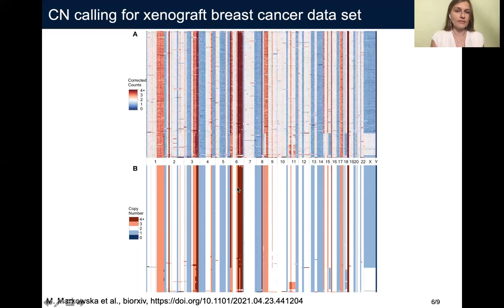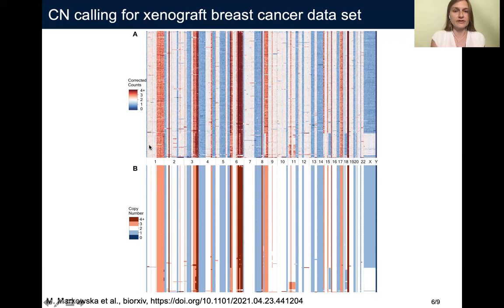Here, you can see the illustration of our copy number calling procedure for the same data set. In the upper part, you can see the per bin data, so the corrected counts illustrated with different colors. And here the results. You can observe that we smooth the noise present in the biological data perfectly.